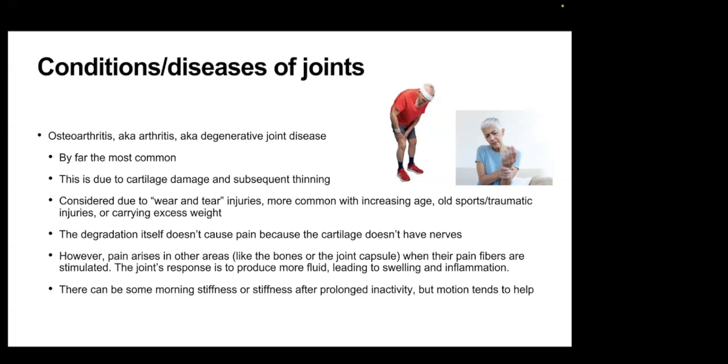I know, because my knees started to hurt. So you start getting that cartilage damage and thinning of the cartilage. Wear and tear injuries, increasing age, old injuries from sports, trauma, or carrying a little extra weight are the major risk factors for developing osteoarthritis.